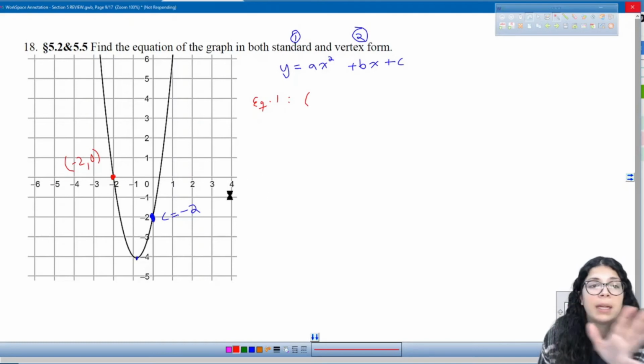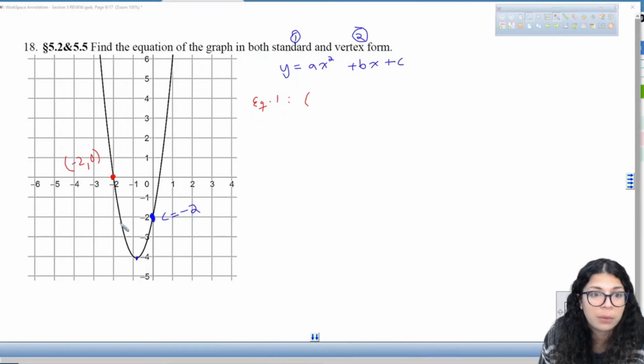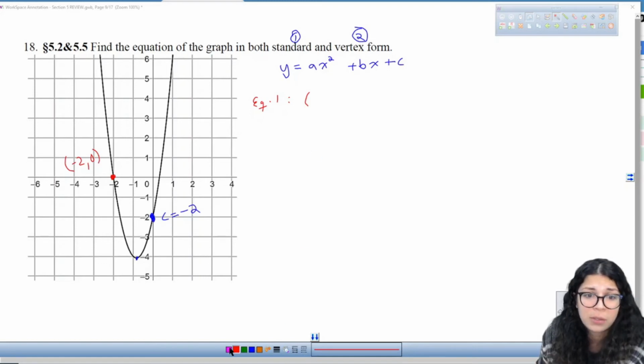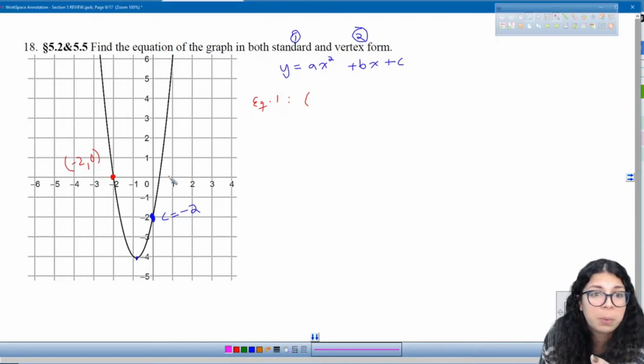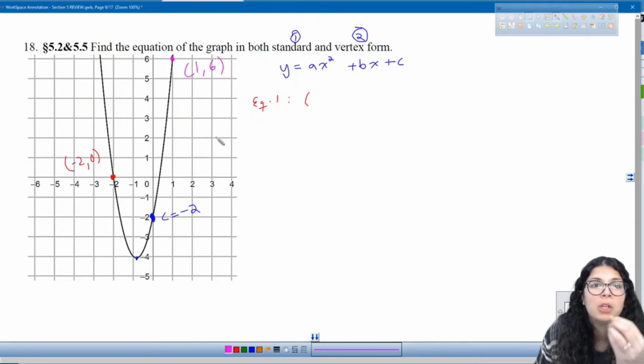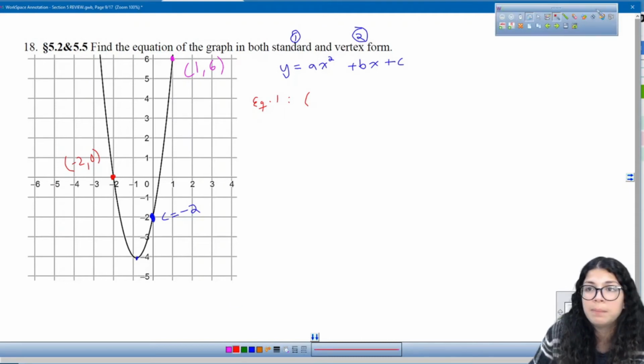Any other random point on the graph will work. You just got to find one that's going through the graph. You can't use your y-intercept because you're going to use that as c, right? So you can't use that. Any other point on the graph, I see one right here: 1, 6. So I'll use this one for equation 1, and then this one for equation 2.